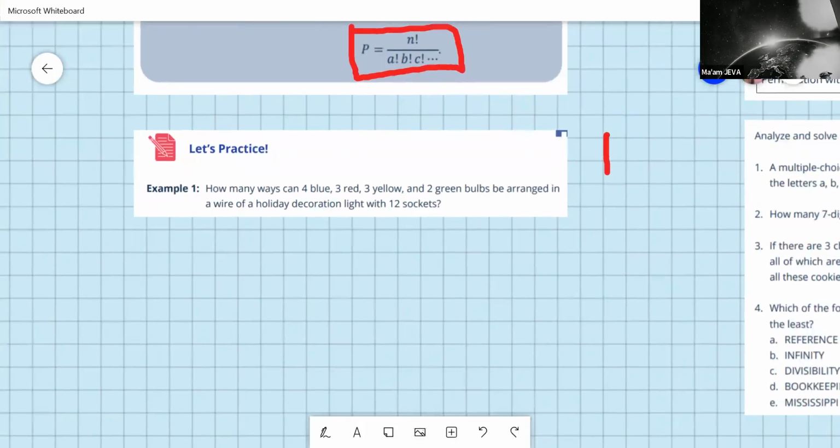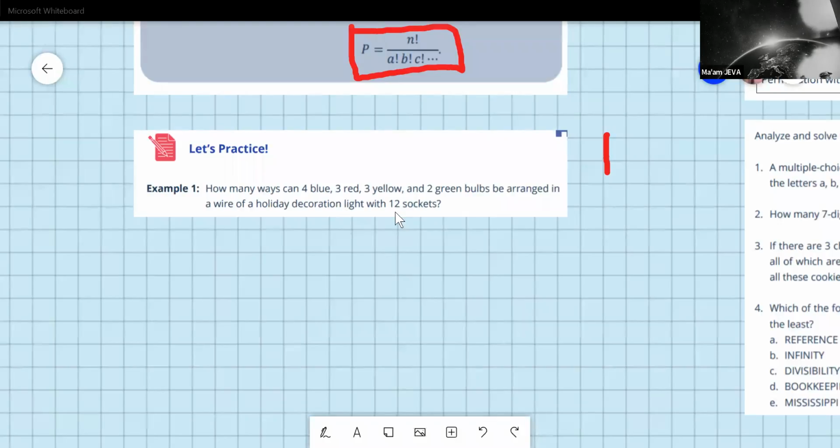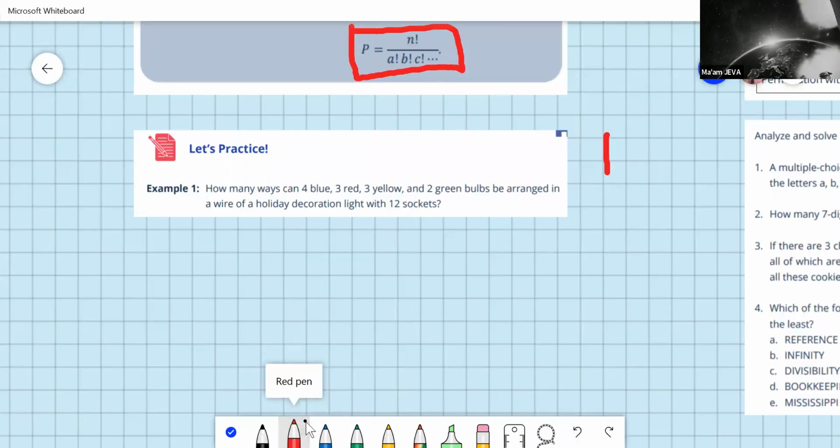Identical means they are the same. The blue bulbs are identical, all the same: 4 blue, 3 red, 3 yellow, and 2 green. Let's identify what n is.